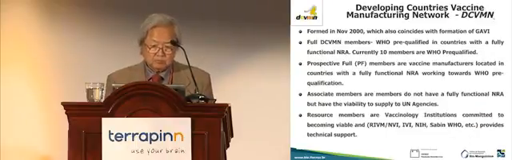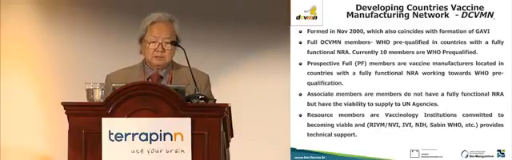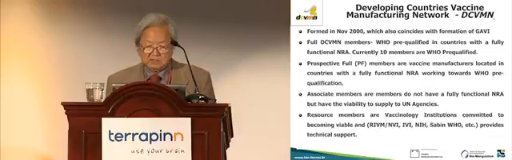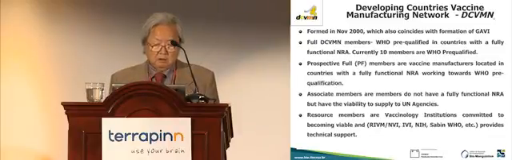So, DCVMN: we organized this non-profit organization in November 2000, which also coincided with the formation of Gavi. We have 4 different categories of members.